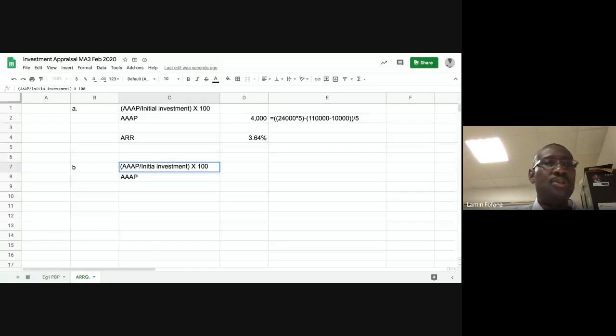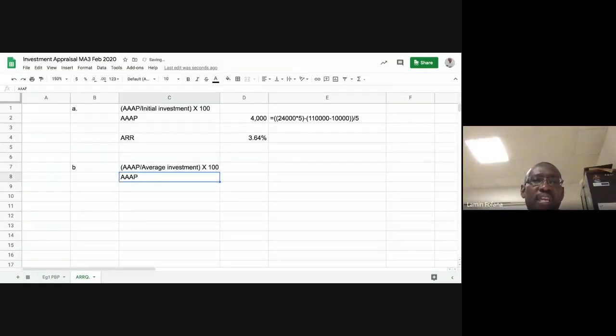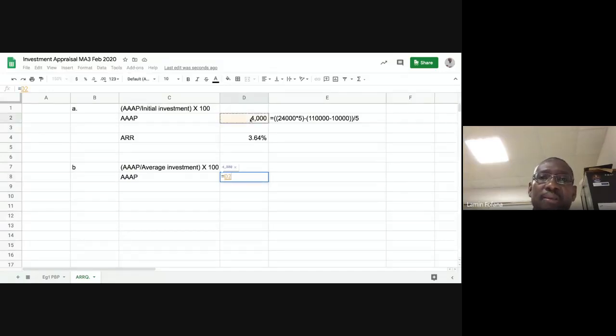I'll take off the initial and use the average. Are you following, everybody? Okay. So we know our AAAP already, so we can just use that from here. I just press equals and click on D2, which is 4,000.